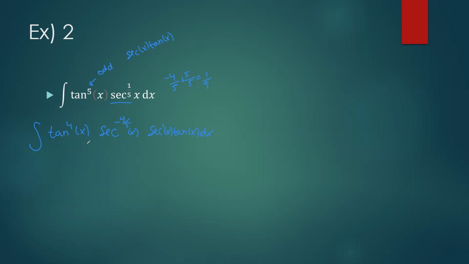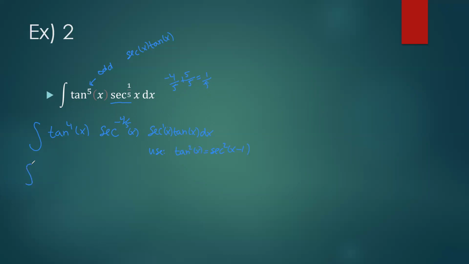Then what we're going to do is some kind of substitution, and I'm going to use one of your Pythagorean identities. I'm going to use tan square x equals secant square x minus 1. Over here we have tan fourth of x. We know that tan square x is secant square x minus 1.